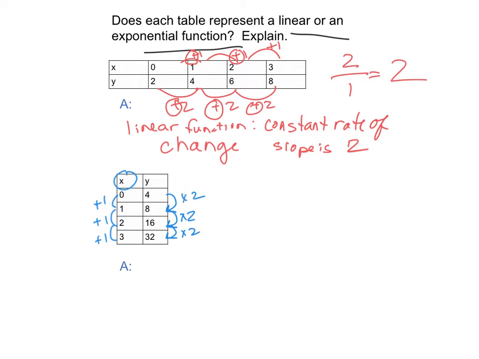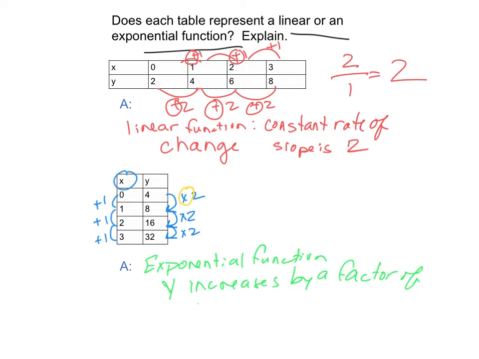So then this is times 2. Okay, because you're multiplying, you know it is an exponential function because y increases by a factor of 2 each time. So that's how you know it's exponential.